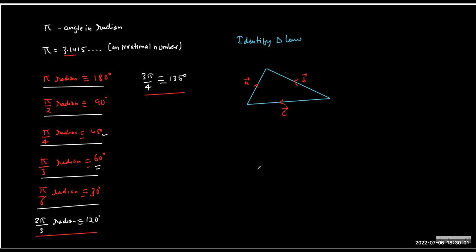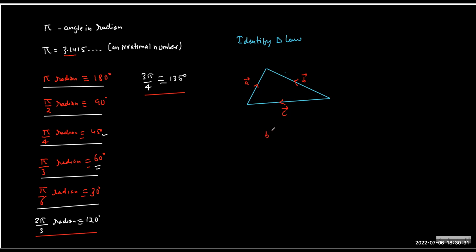Tell me what is the law. So we have to say the equation, the equation that is equals to sum of. So which two vector will add up to give the third vector? A and C. Very good.